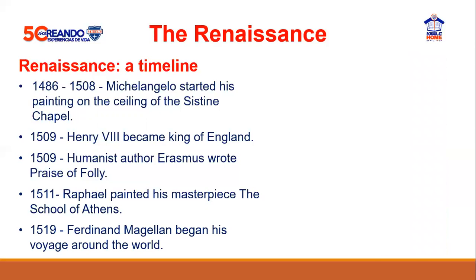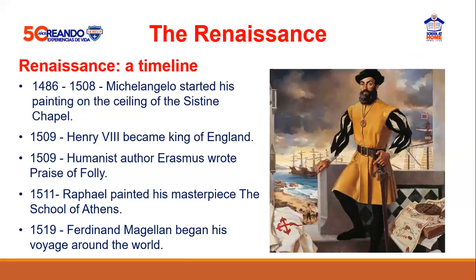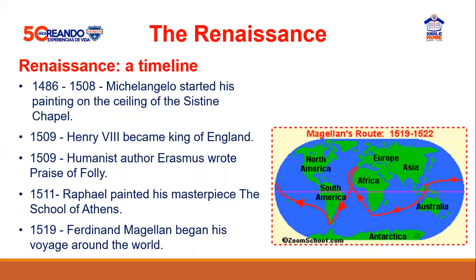In the year 1519, Ferdinand Magellan began his voyage around the world. So here we can see an artistic interpretation of Ferdinand Magellan, okay, as a sailor. But next we are going to see the map of his expedition.